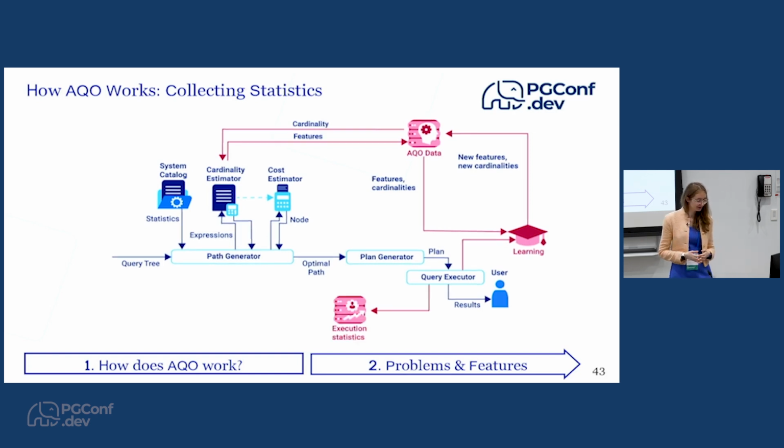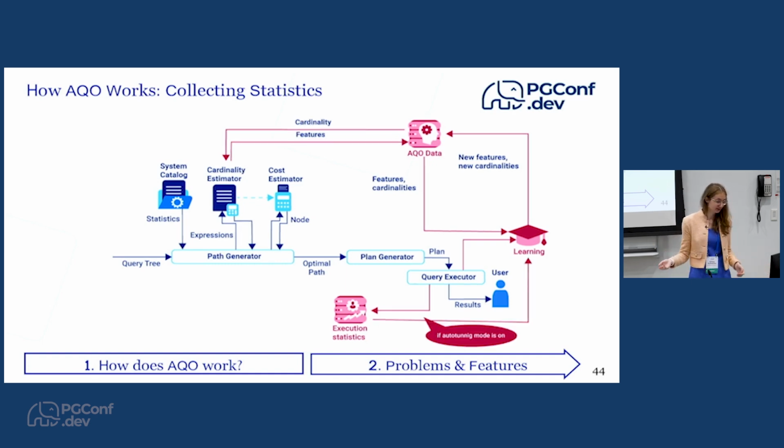And the last component is AQO execution statistics. As I mentioned before, AQO execution statistics collects information about planning time, execution time, and cardinality. Why is it important?